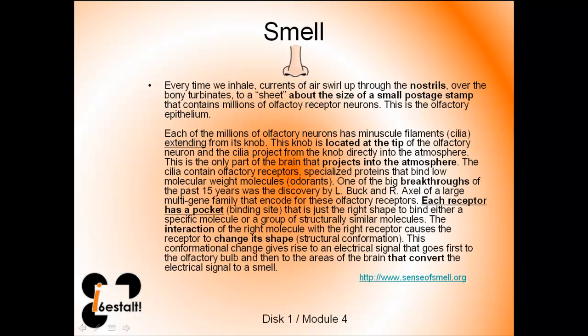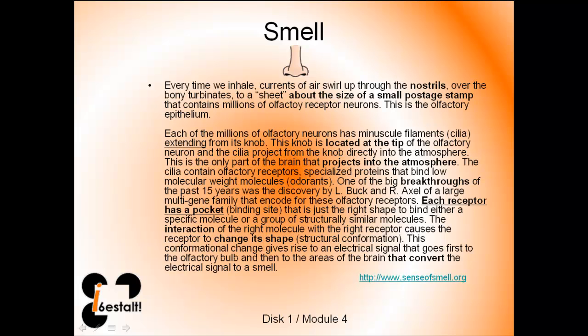So this mechanical change becomes a mechanical to electrical energy conversion that goes first to the olfactory bulb and then to the areas of the brain that convert the electrical signal into a smell, or, if you will, into a signal that the brain processes and identifies as a scent, and therefore gives us that sense.